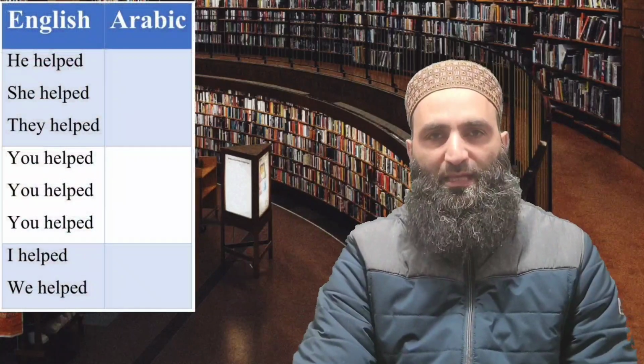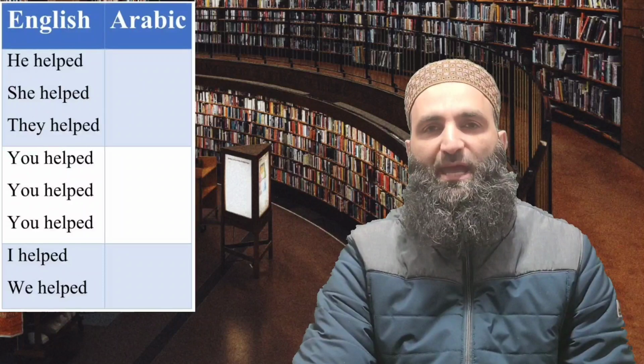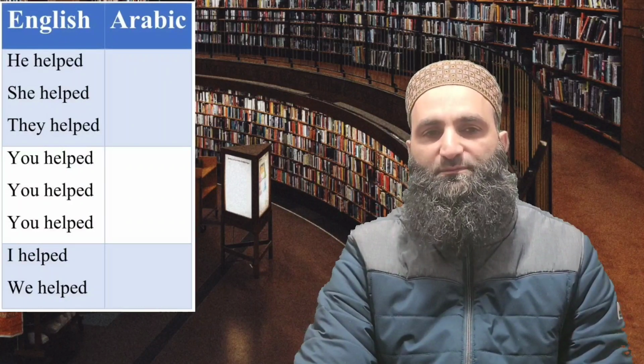Here we note a very important difference in the use of verbs in English and Arabic, which can be seen in the following example. In English we say he helped, she helped, they helped.